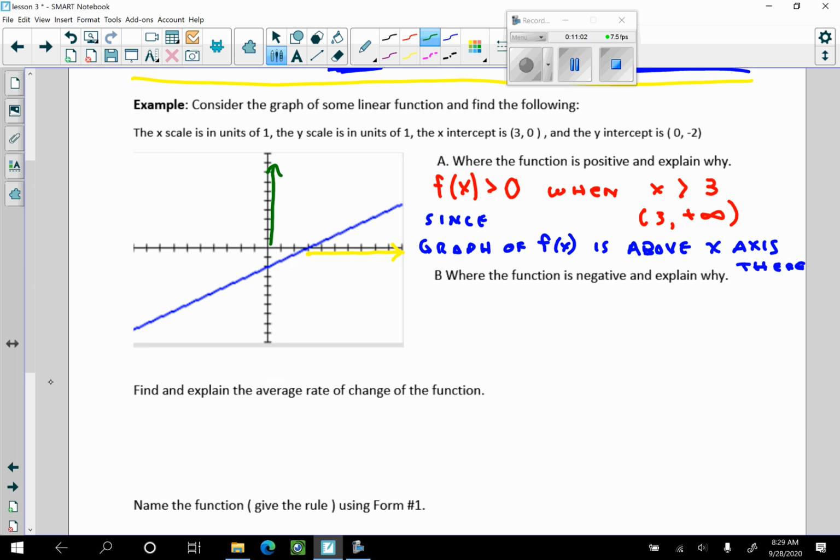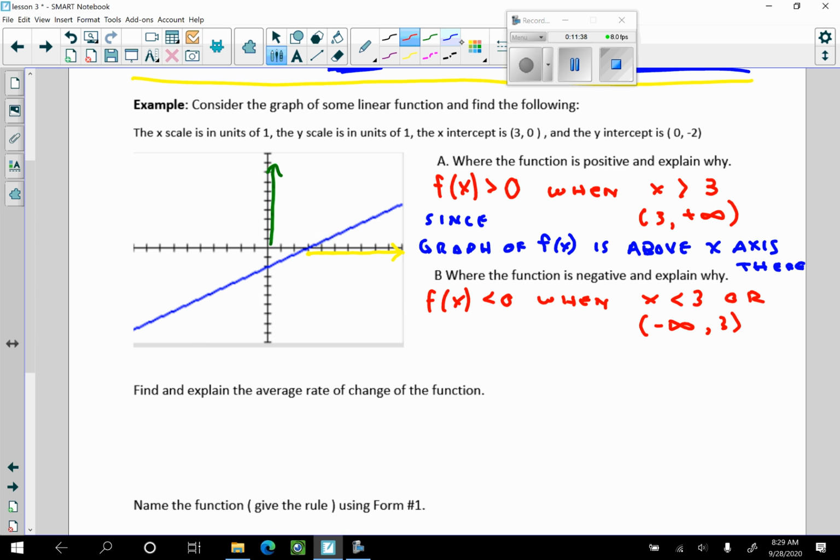Where the function is negative, and explain why. Okay, f of x is less than 0 when x is less than 3. Or you could talk about interval notation. It doesn't matter. This is set builder notation. I could go set builder notation or interval notation, and the interval notation would be negative infinity, comma 3.